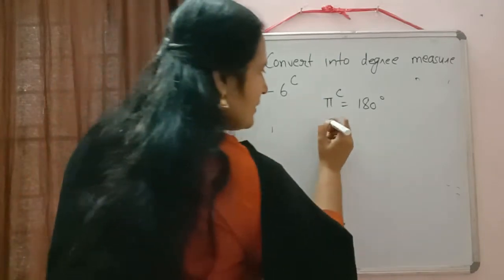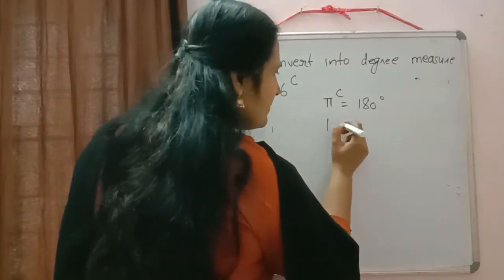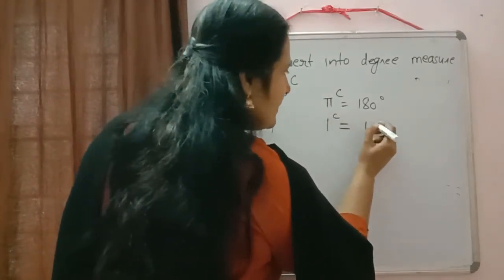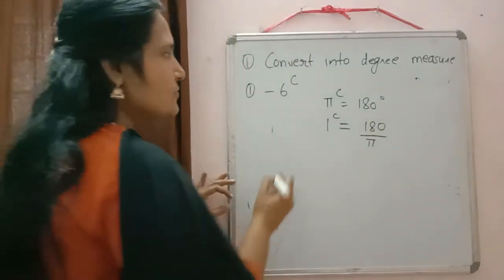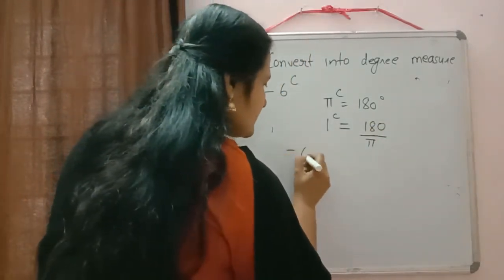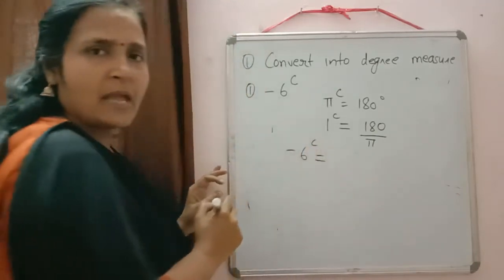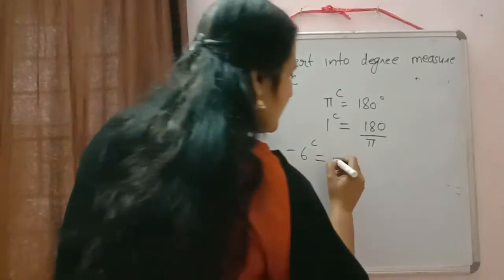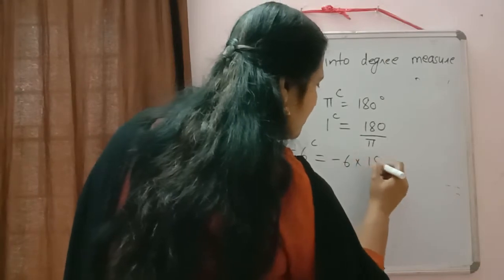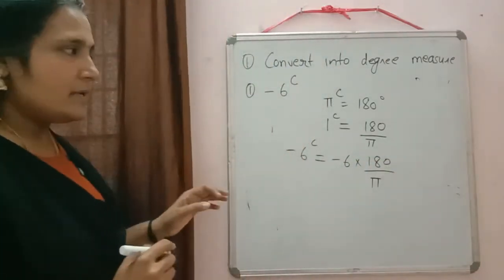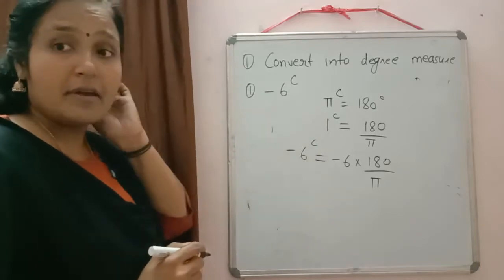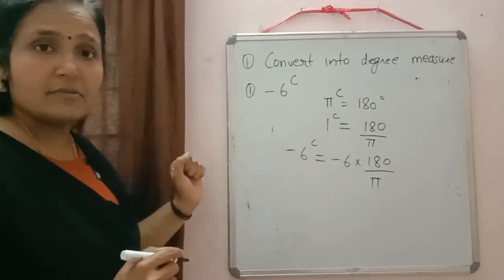So from here, 1 radian will be equal to 180 by pi degree. So -6 radian will be equal to -6 into 180 by pi. But when writing angles, we are not writing in this way.